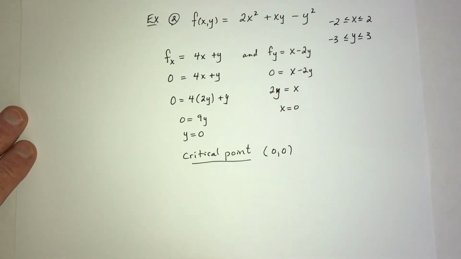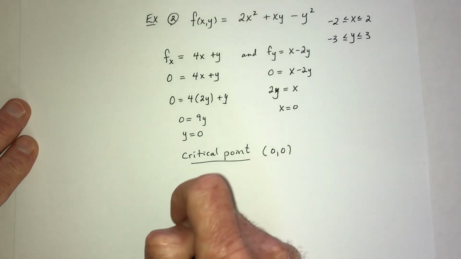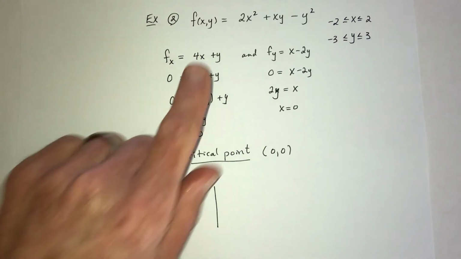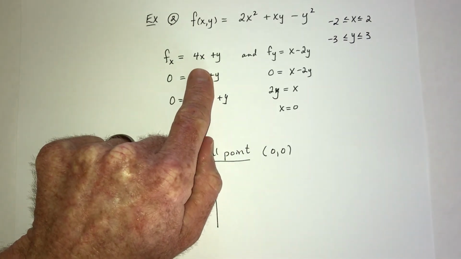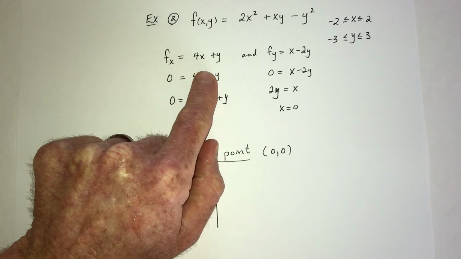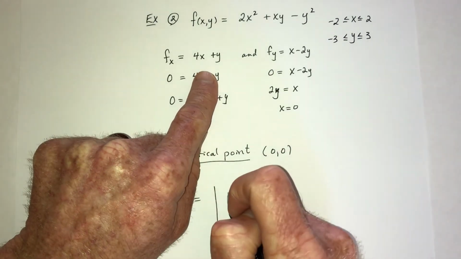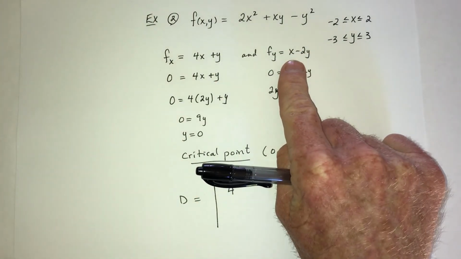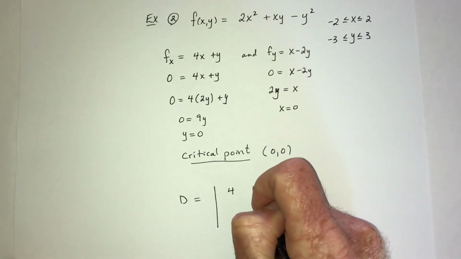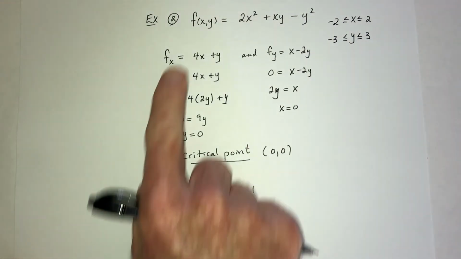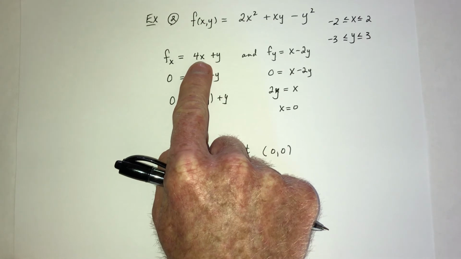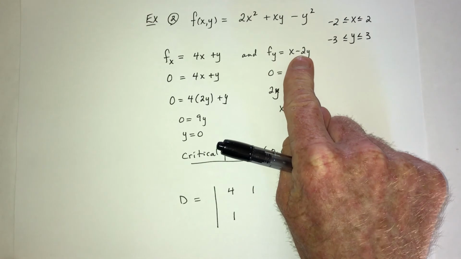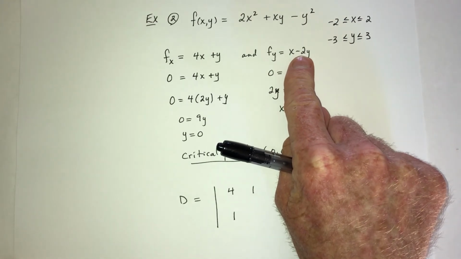So is there a minimum or a maximum? The second derivatives will help us out. So for this one, we're looking for the second derivative. So take the derivative of this with respect to x. That's just going to be the number 4. Now take the derivative of this one with respect to x. That's just going to be the number 1. Now take the derivative of this one with respect to y. That is just going to be a 1. And now take the derivative of this one with respect to y.